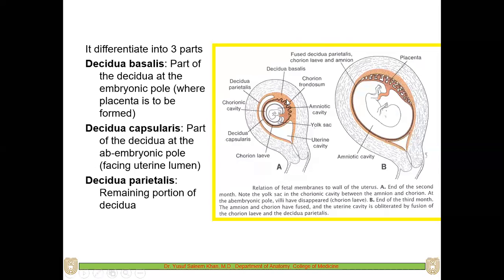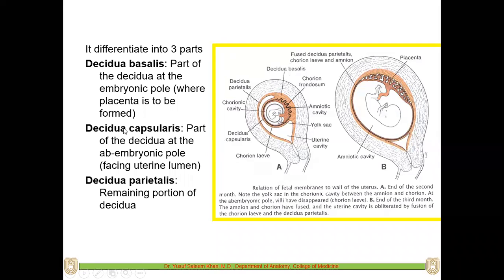Where the embryo gets attached, where it is implanted, usually near the fundus in the posterior wall, that part of the decidua is called the decidua basalis because it forms the base which will in future develop into the placenta. See here, this is the placenta formed here.